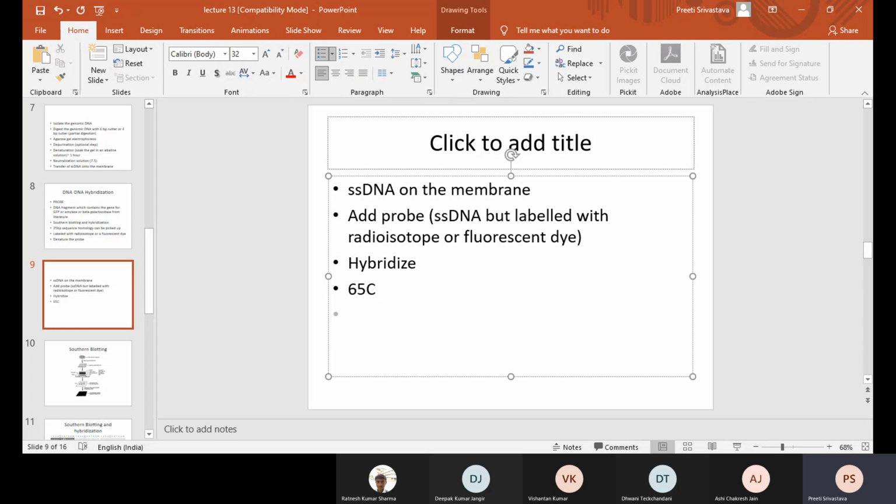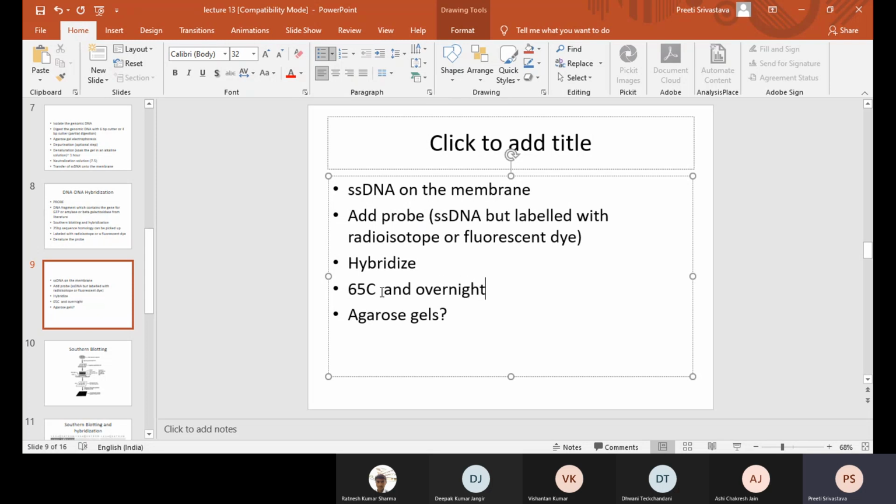So now the question, I think this will answer the question of why we cannot use agarose gels directly. We cannot use agarose gels for hybridization because agarose gel will actually melt at 65 degrees, right? And when we do this hybridization, this is performed at 65 degrees, and you do it overnight.